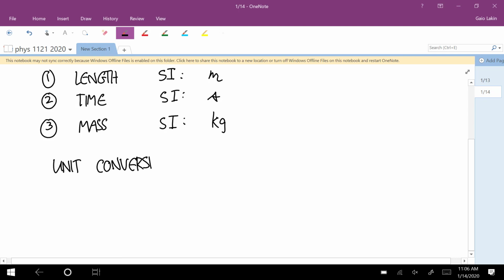Like a lot of these you're used to doing just in your head, even without a formal approach. So for example, how many inches are there in 3.5 feet?